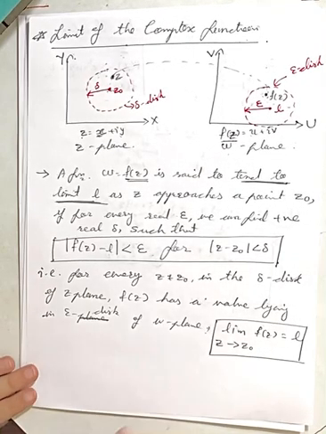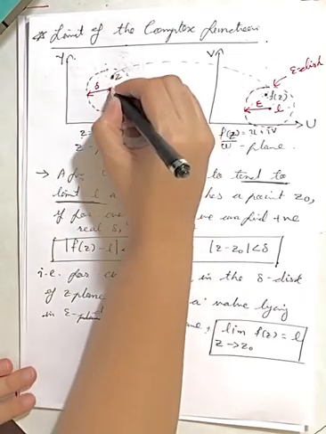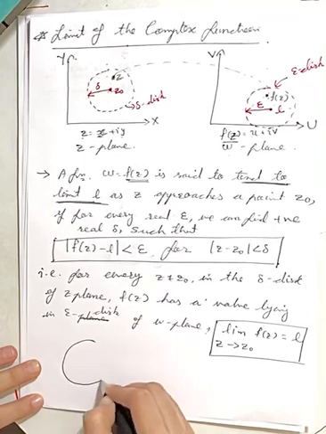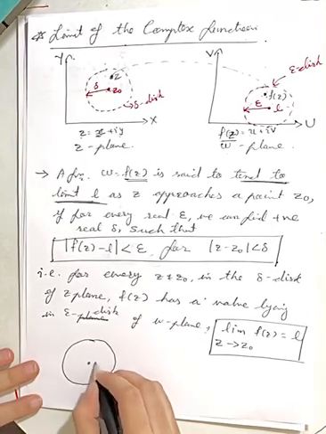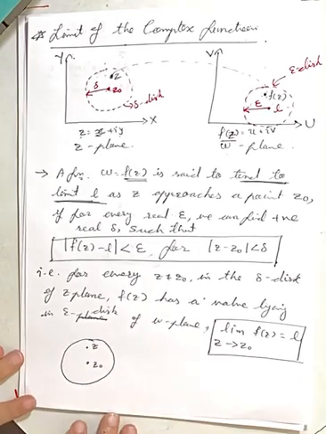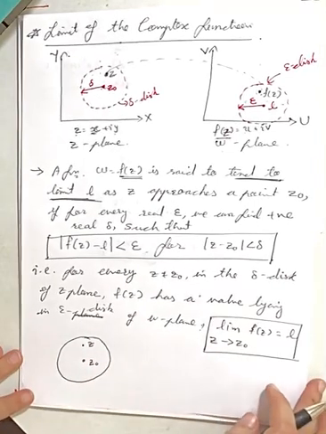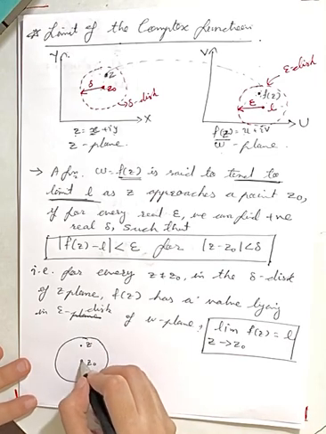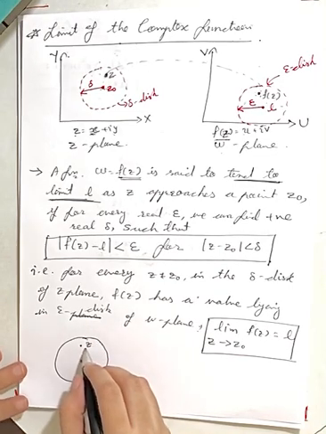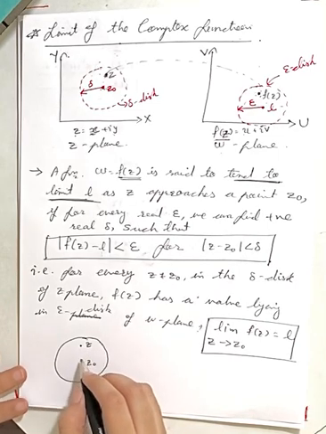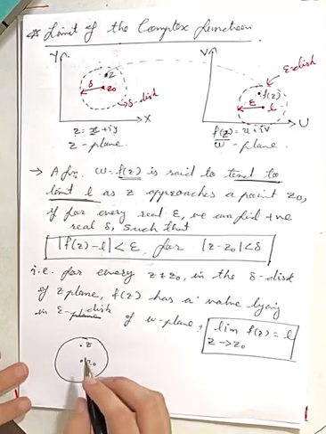Here, when we say that z is approaching z0, suppose this is the disk, z0 is the center, and z is some point here, then I always mean that to reach z0 I can take any path. So in complex calculus, this is different from regular calculus.